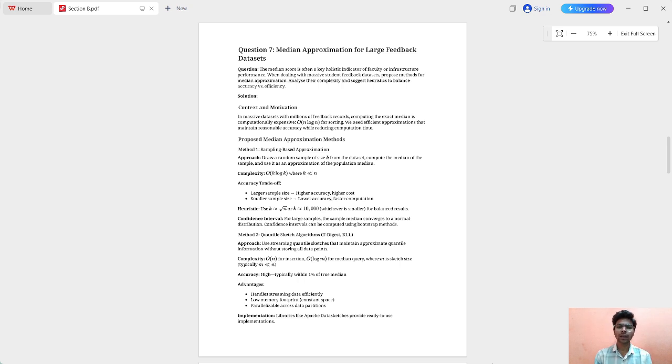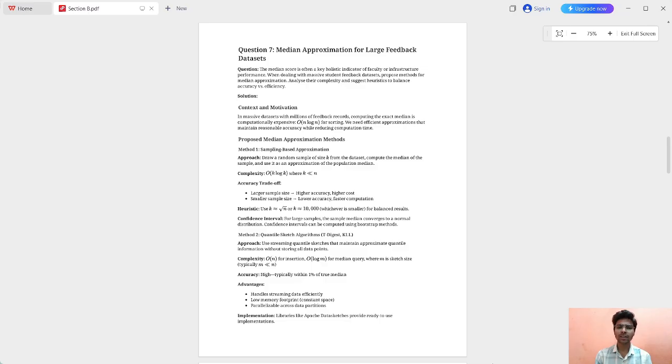Proposed median approximation methods. Method 1: sampling-based approximation. Approach: draw a random sample of size k from the dataset, compute the median of the sample, and use it as an approximation of the population median. Complexity O(k log k), where k is less than n.